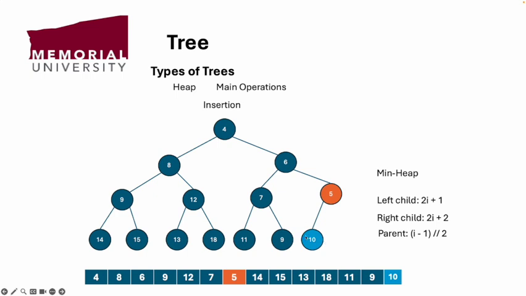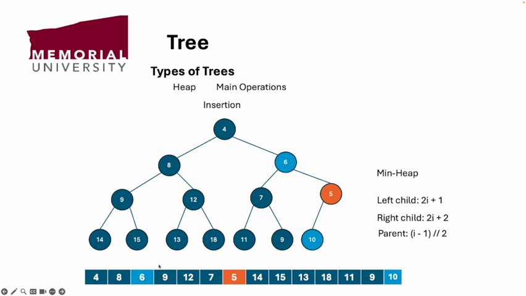And then what can we do now? Next, check it with the next parent. Check again, okay? 6, right? Their parent, same way to calculate: 0, 1, 2, 3, 4, 5, 6. 6 minus 1, floor divided by 2, equals 2, right?